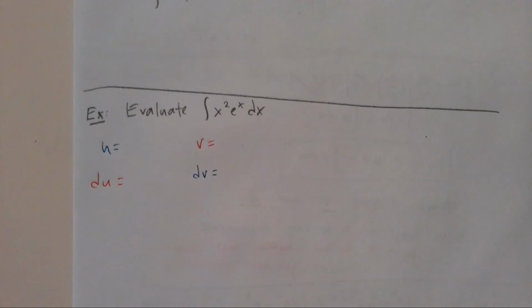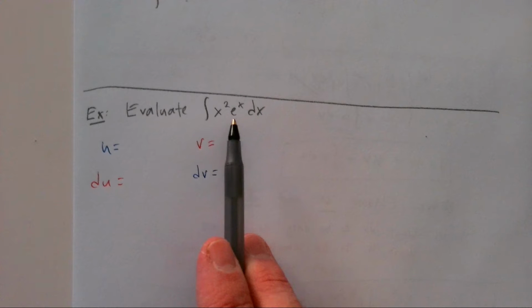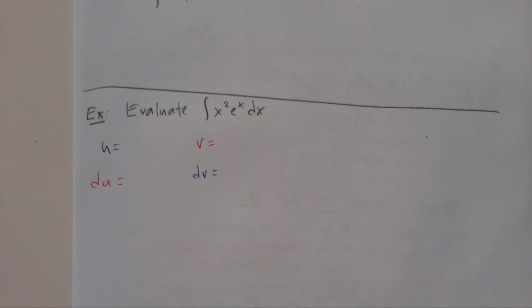Okay, this one almost looks exactly like the first example with just plain old x e to the x. So maybe that's a good idea. Let's let u equal x squared, by which I mean the approach we took the first time.